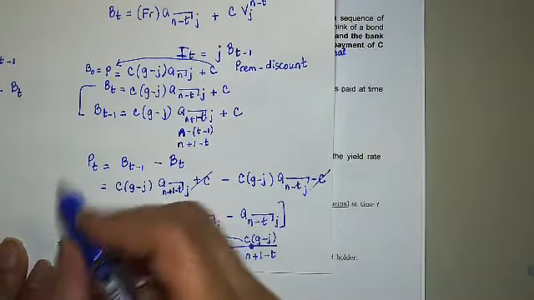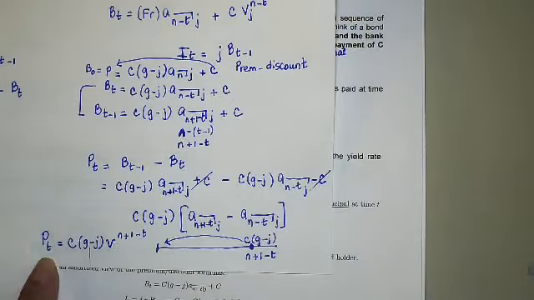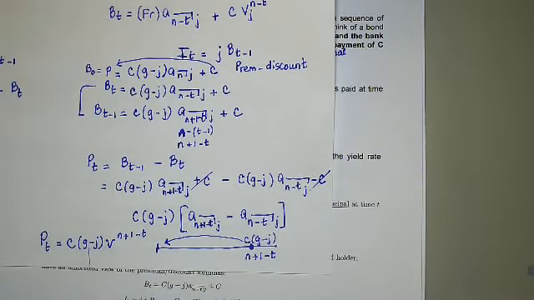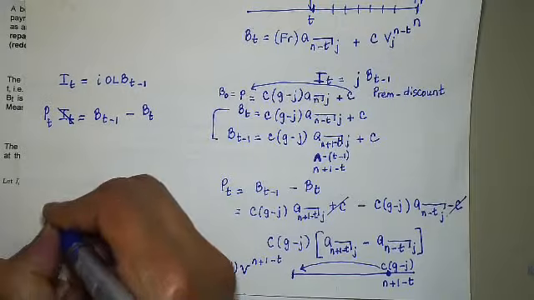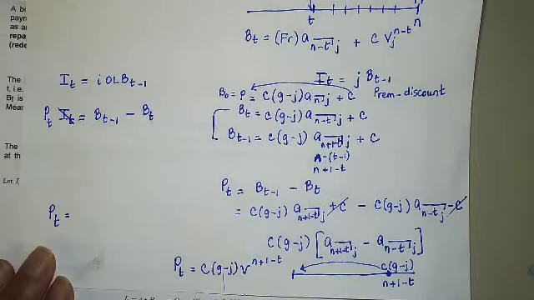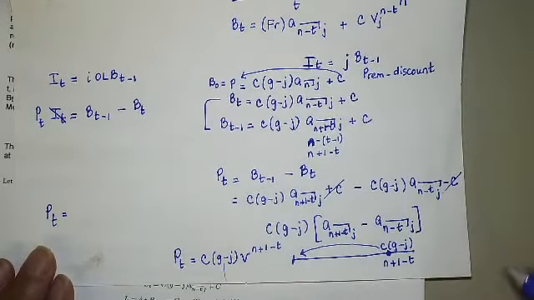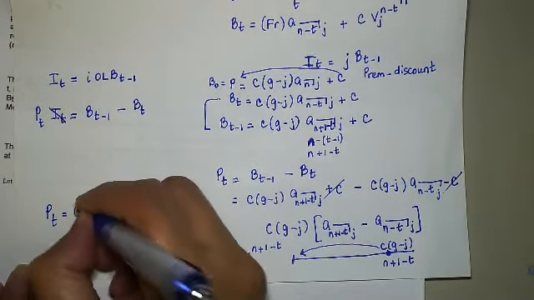So when I discount it, I get CG minus J V to that power, N plus 1 minus T. And that is equal to P of T. Everybody with me? That shouldn't surprise you. You know why? Because what used to be the C of T formula in the old days.